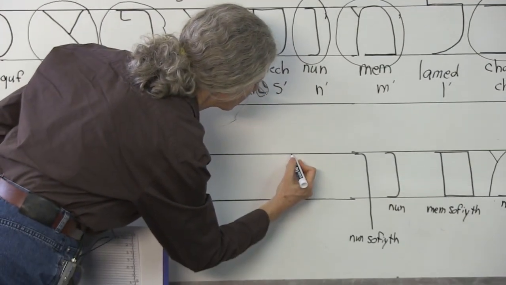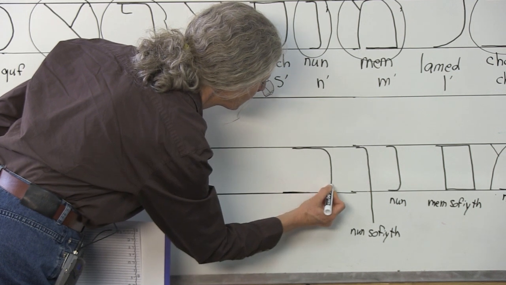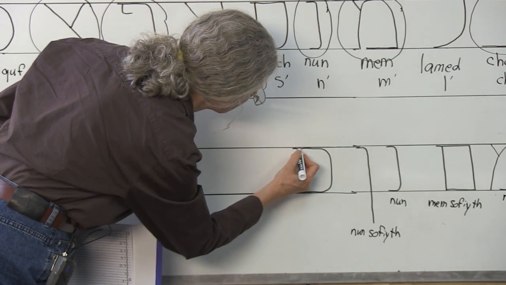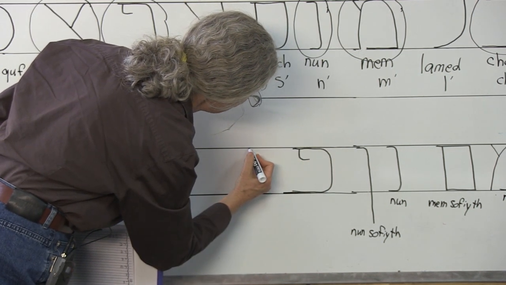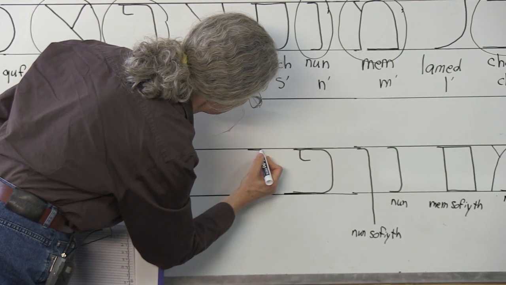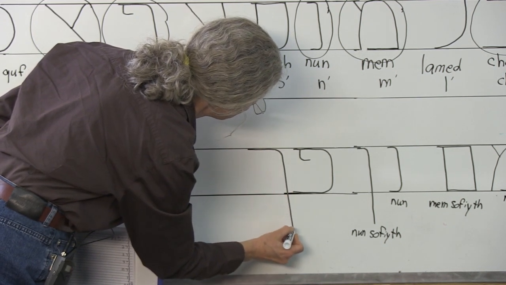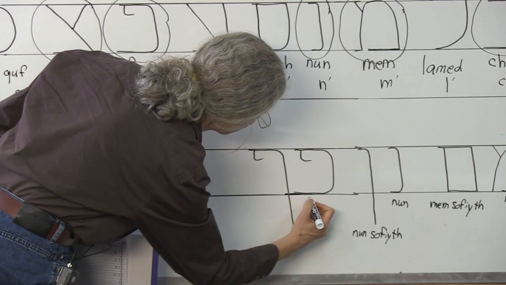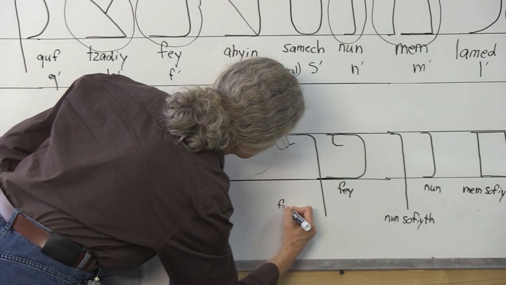So you write that, remember it looks like the Chaf, coming across here, curve down, curve around, sticking out a little bit. So here's the Fe. Then the Fe Sofyth comes across, curves down, and goes straight down with that little hook here, okay? So this is a Fe and a Fe Sofyth.